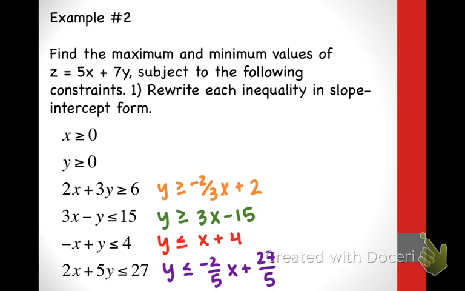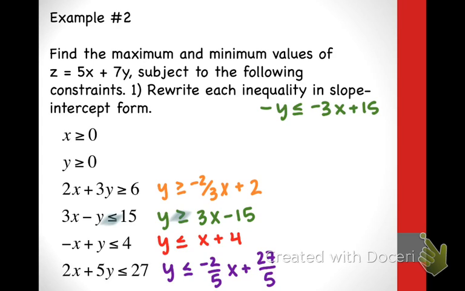And I do want to quickly talk about this second one here, the one that's in green, and why my symbol is now a greater than or equal to symbol rather than that initial less than or equal to symbol. If I were to take that and solve, subtract 3x from both sides, I would get negative y is less than or equal to negative 3x plus 15.